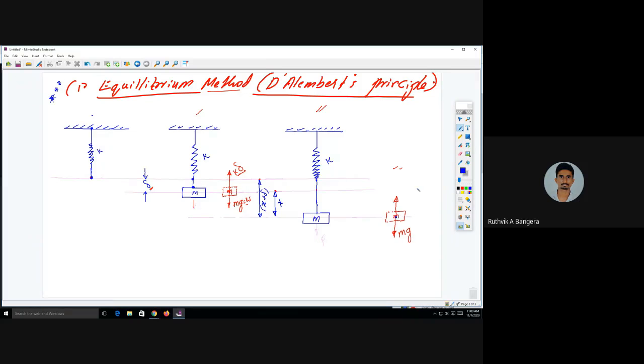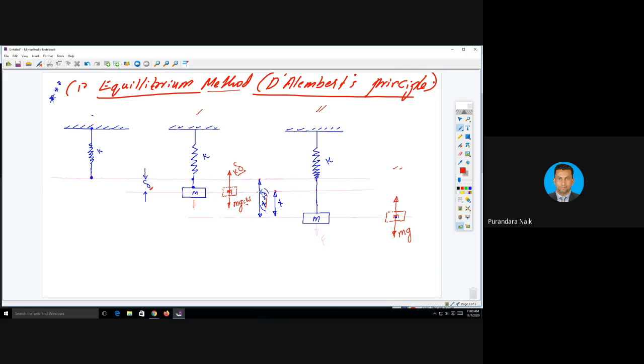X. Yes, distance X. Not only X, the total distance traveled by the mass is X plus delta. Please remember X plus delta. Delta is also there, it is already travel distance, right? You cannot leave delta.